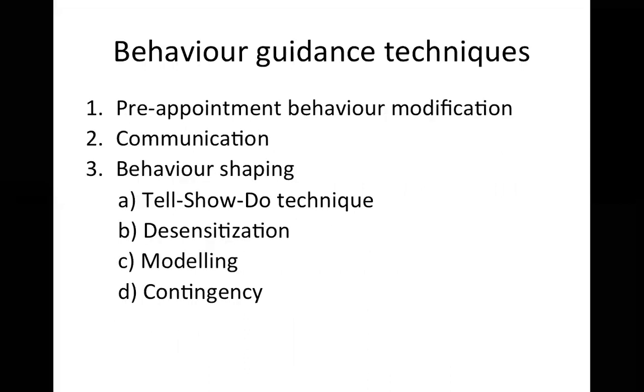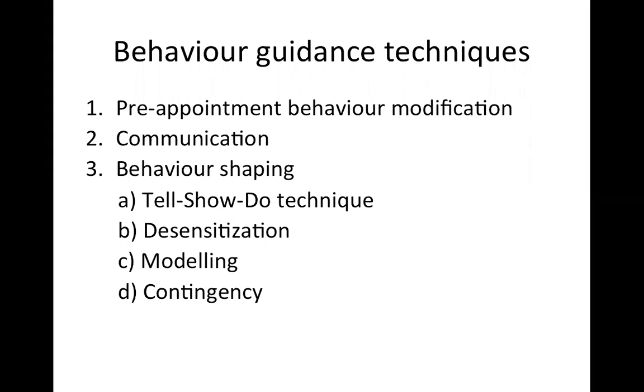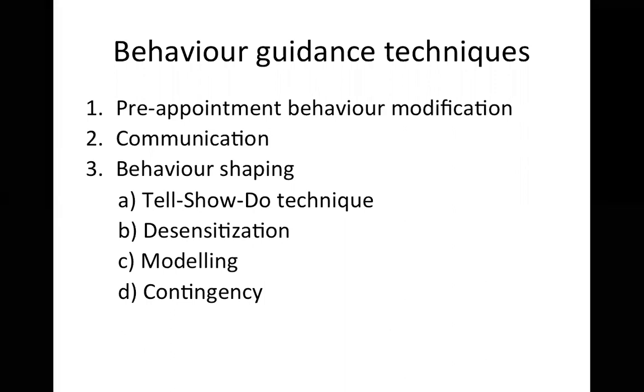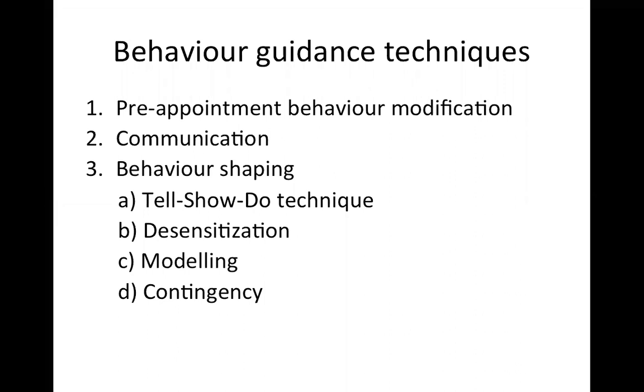So there are certain techniques starting from the basics towards the advanced. We can tell the family about the pre-appointment behavior modification by showing the child different videos of the treatments, and by guiding the parents that we're going to work on this for the next appointment, and you can talk to the child and make him more comfortable.